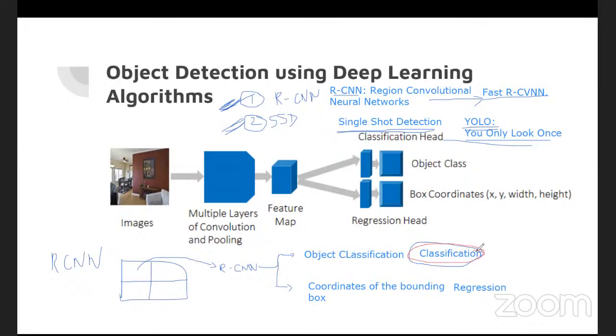So our CNN performs two things: classification and regression. I am considering that everyone is comfortable with what classification and regression are. If you don't know, just tell me in the comment section whether you are familiar with classification, regression, or both. Just let me know in the chat section.